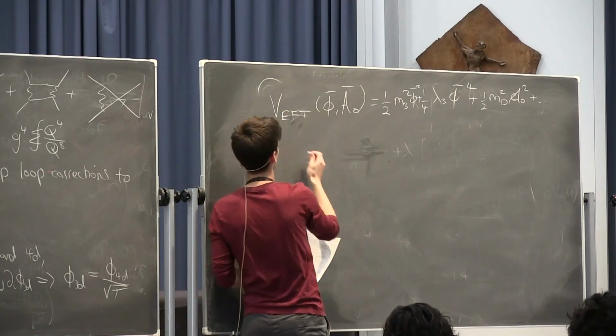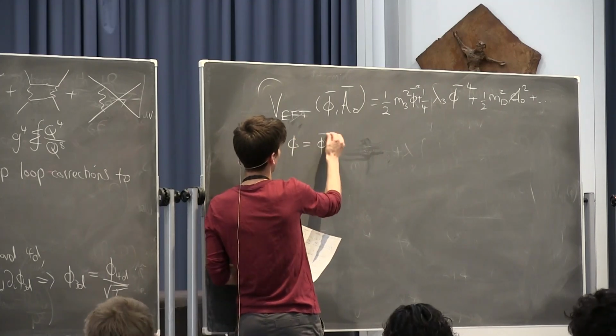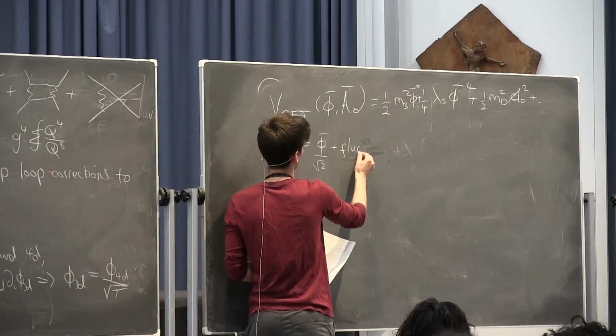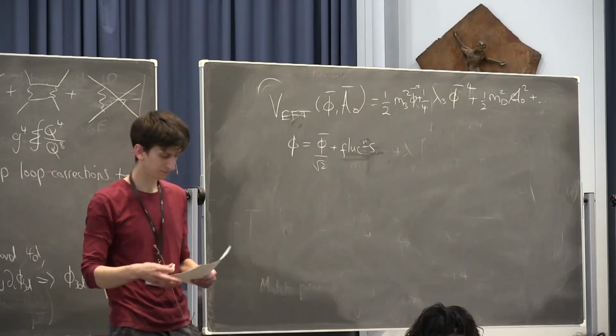So we're here. Phi is basically phi background on root 2 plus fluctuations. That's where the 2 comes from.